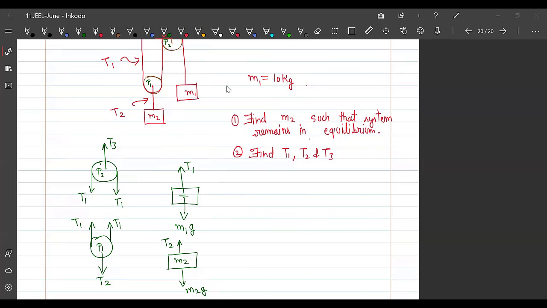M2 is not 19 kg. 9.8 लिया गया G. G की वैल्यू 10 देनी है and M2 19 नहीं आएगा. Have we got the right answer? Yeah.